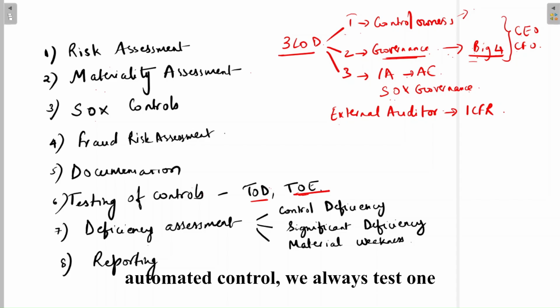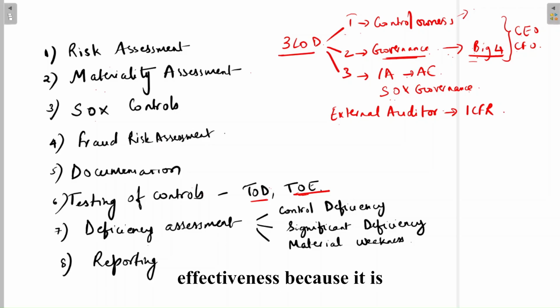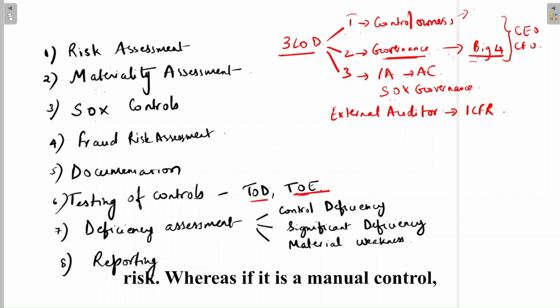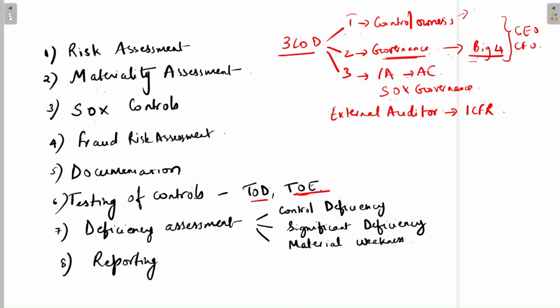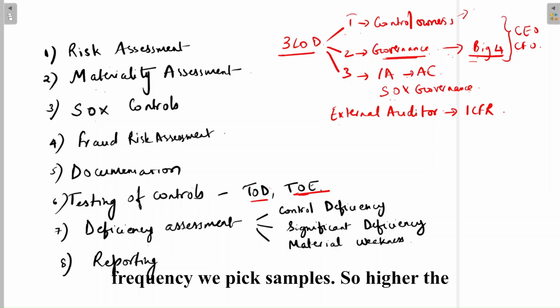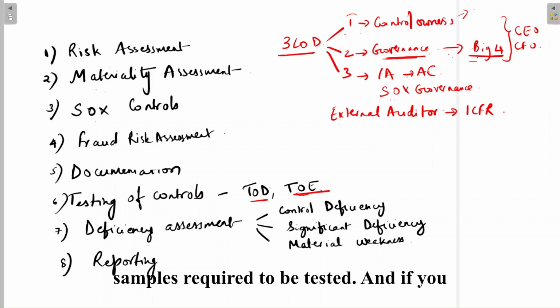If it is an automated control, we always test one sample. One sample is enough to conclude on design as well as operating effectiveness, because it is automated, so it has a lower probability of going wrong, lower risk. Whereas if it is a manual control, we will pick samples based on the frequency. The higher the frequency, the higher the number of samples required to be tested.